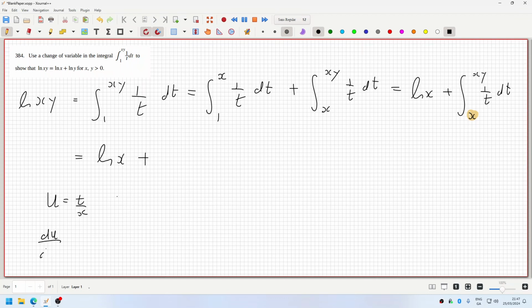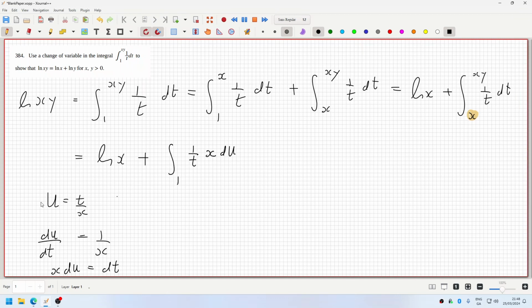Then we get du dt equals 1 over x. So then that means x du equals dt. So this becomes the integration of 1 over t times dt, which is x du. And then the limits get changed. When t is x, we get 1.